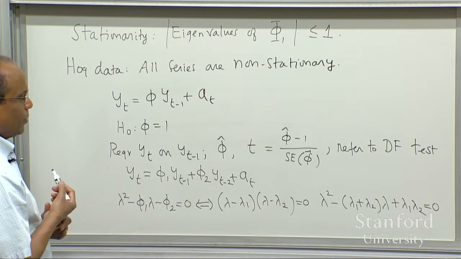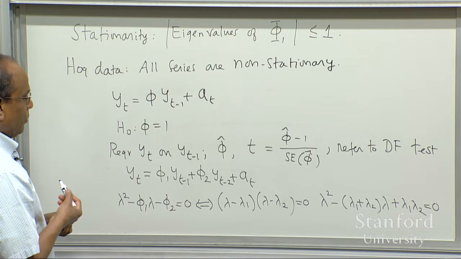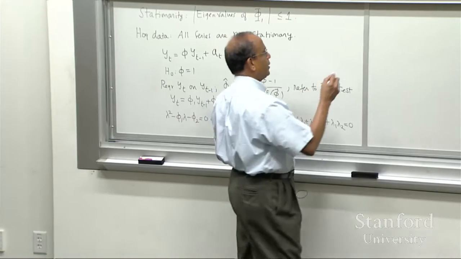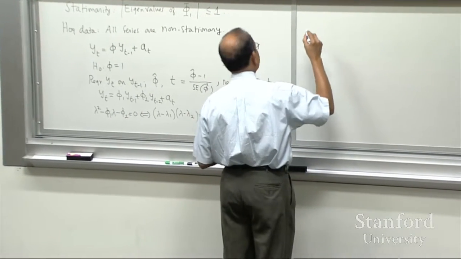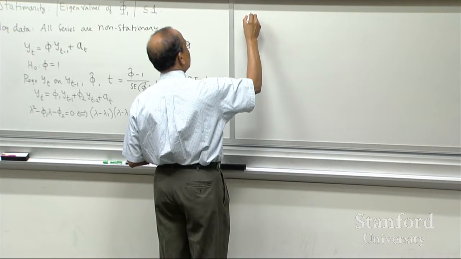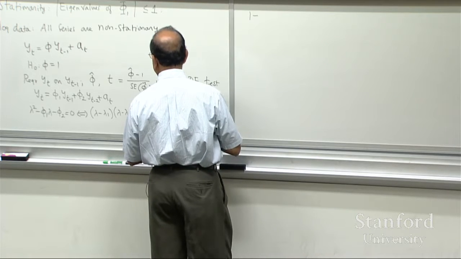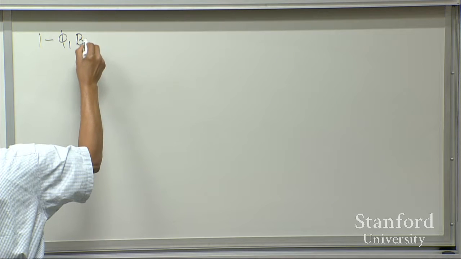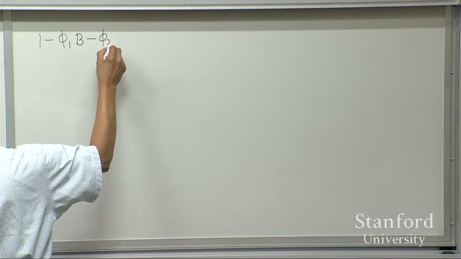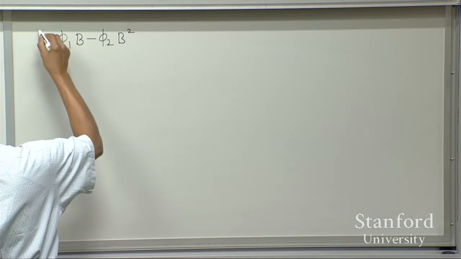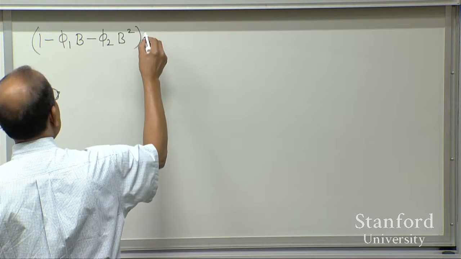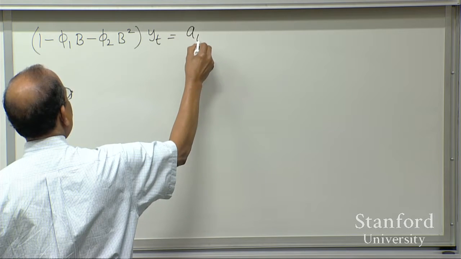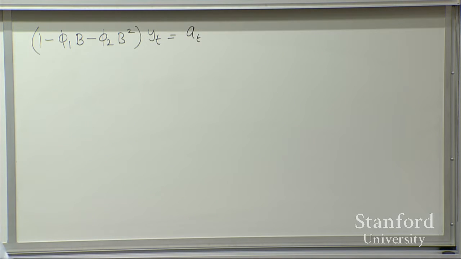So essentially you can take the AR2 equation and write it in this form: 1 minus pi 1 B minus pi 2 B squared, where B is the backshift operator, times yt is equal to at.